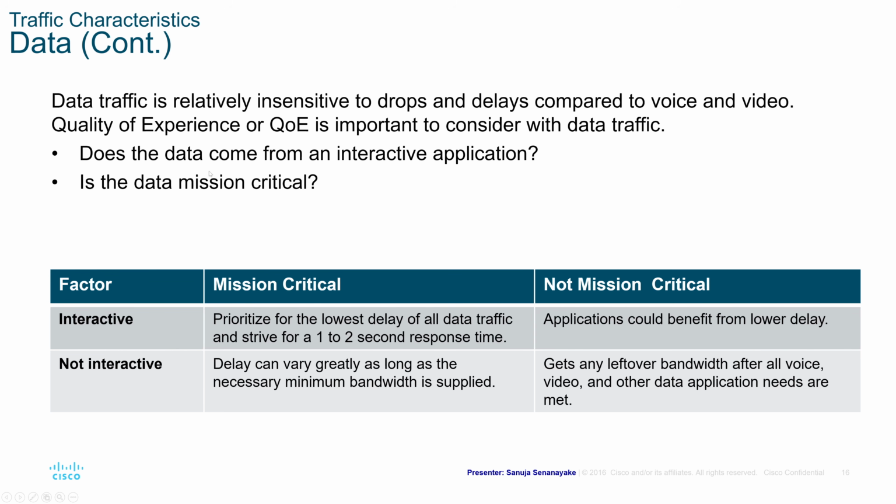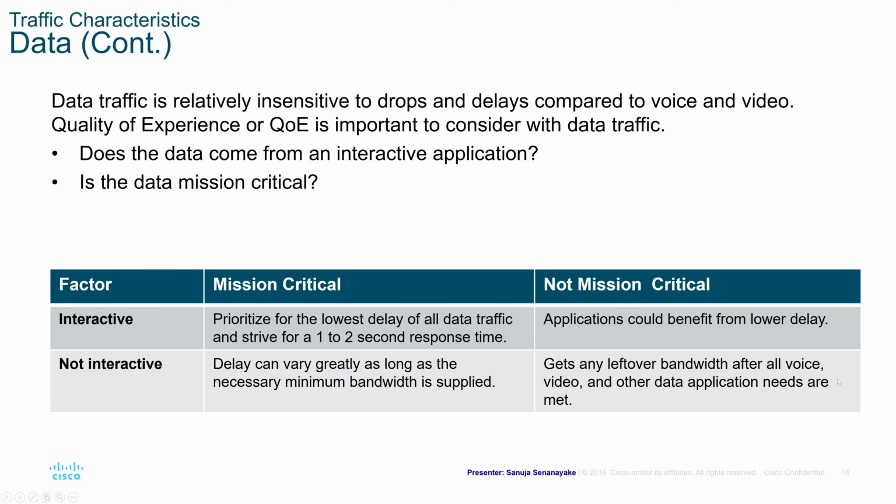So what is QoE? In QoE, what we look at is, does the data come from an interactive application? Is the data mission critical? Those are the two questions that you would ask when you are thinking about quality of experience, so the experience for the end user, right? If the data is coming from interactive applications where the user is interacting with that application using that data traffic, or is the data mission critical, such as a medical application that is really important to have that priority set up there, right?